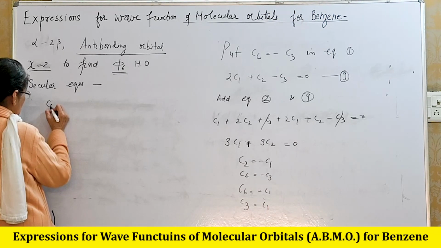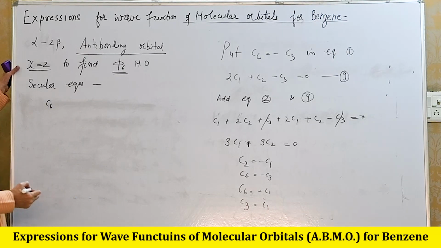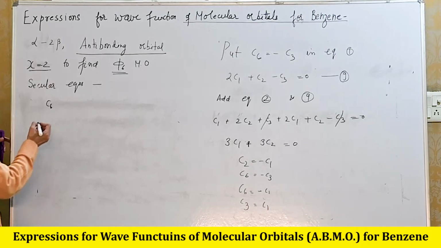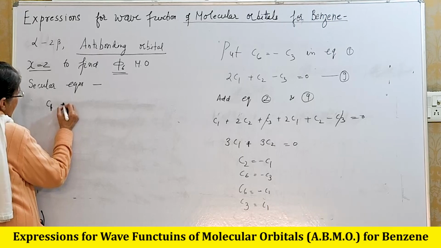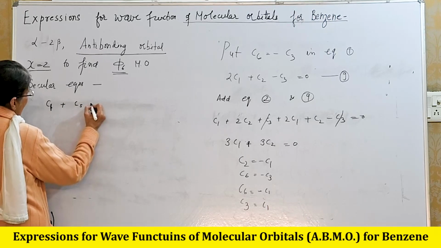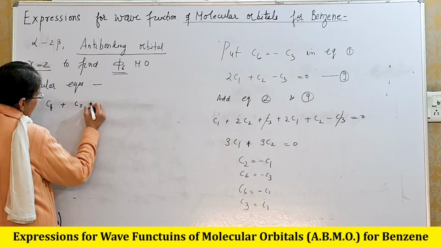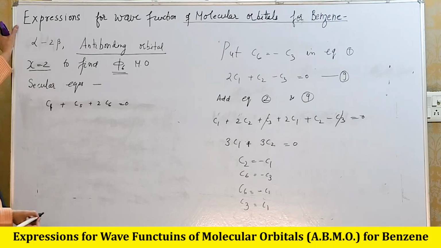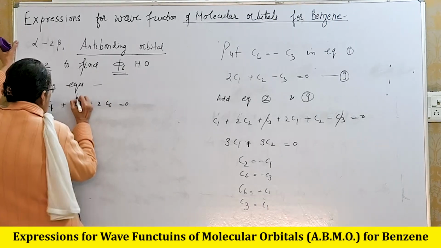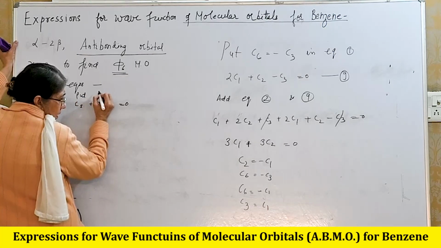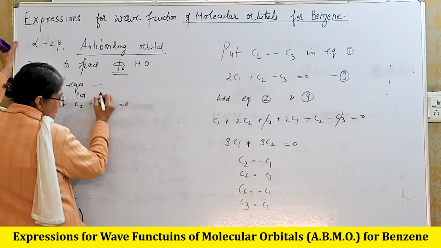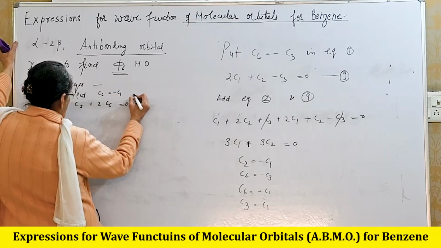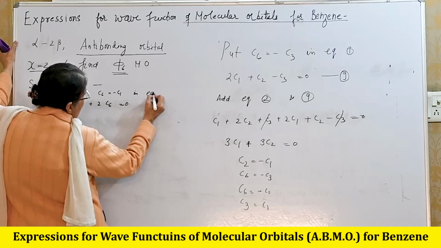We don't know the value of C5, so we use C1 plus C5 plus 2C6 is equal to 0. This is equation number 6. So here we can write, put C6 is equal to minus C1 in equation 6.